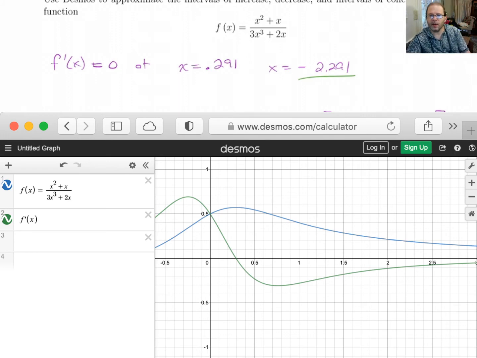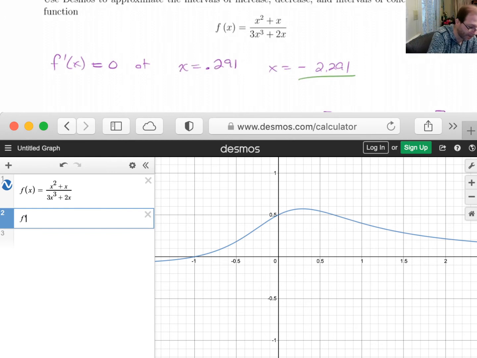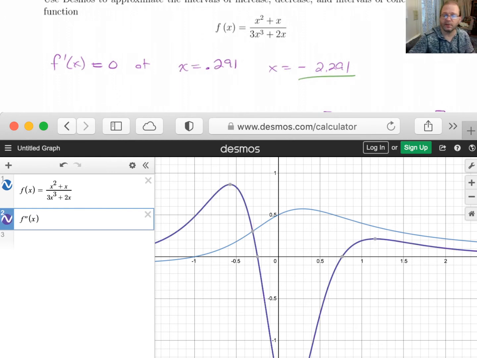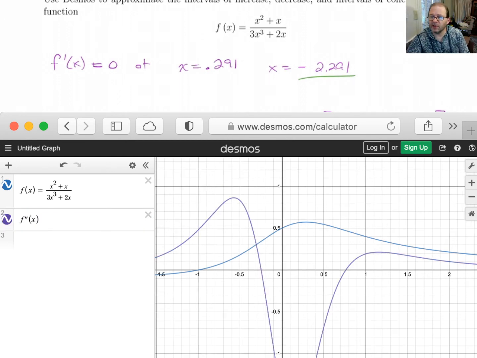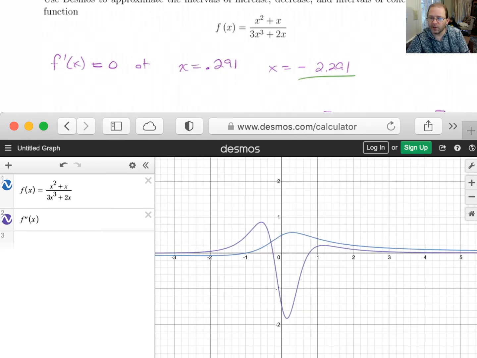All right, now let's look at the concavity. For concavity, what we need to do is look at f double prime of x. So we get this, and we can see that the second derivative changes sign here and here.